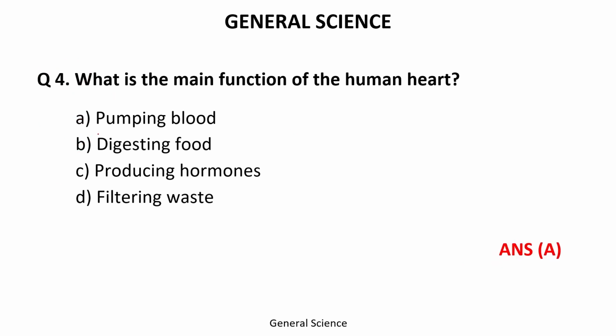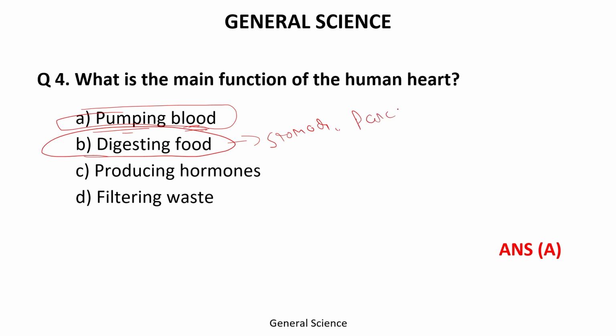Time's up. The correct answer is pumping of the blood. So human heart is basically responsible for the pumping of the blood. Digestion of the food is basically done by stomach, pancreas and small intestine.